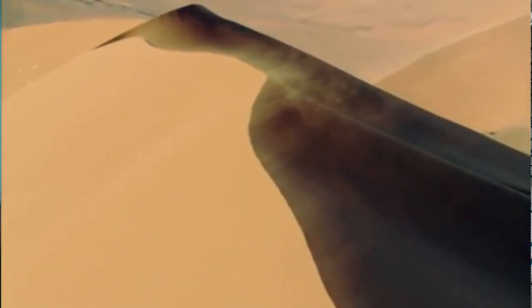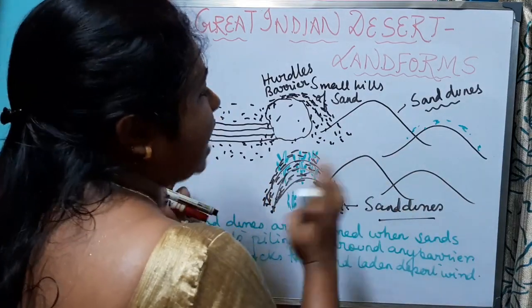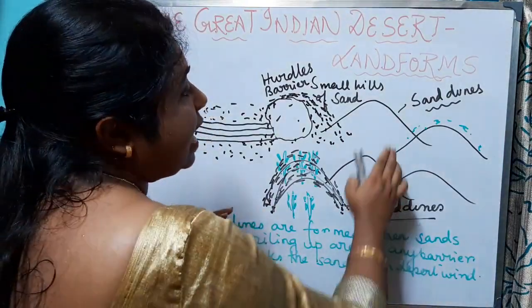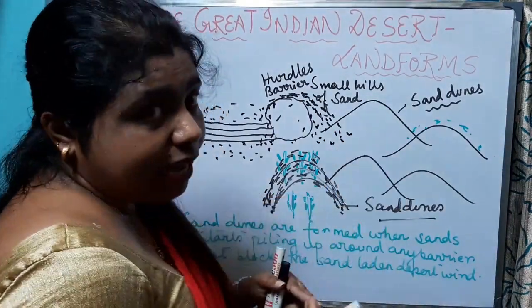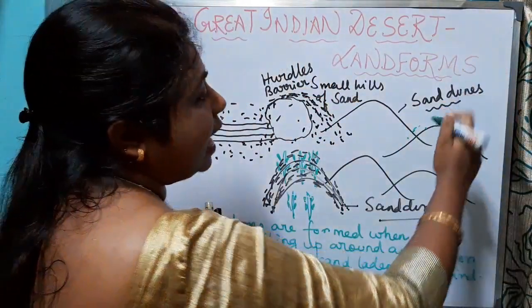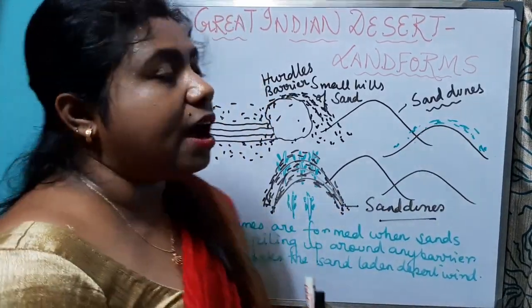So the wind carries the sand from one place to another and thus it leads to the formation of sand dunes, and sand dunes are not fixed. They can form here and after some time when the winds blow faster, they will carry away the sand and again deposit it at any other place. So sand dunes are not fixed.